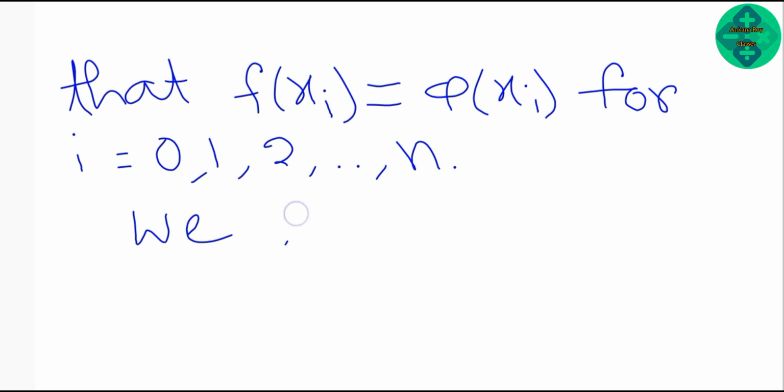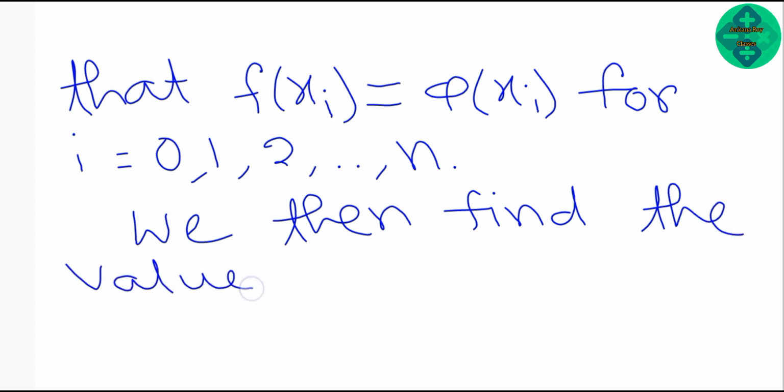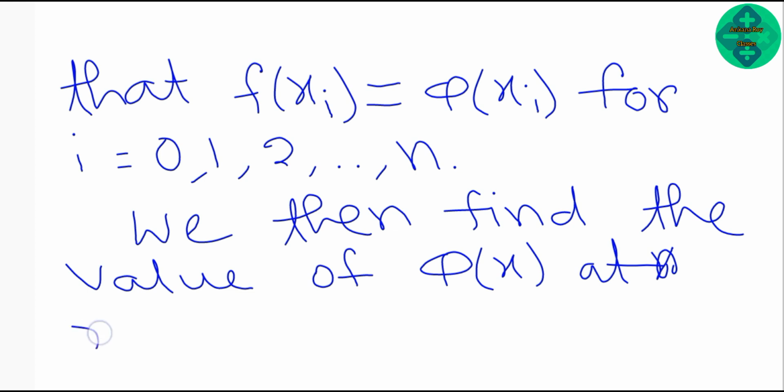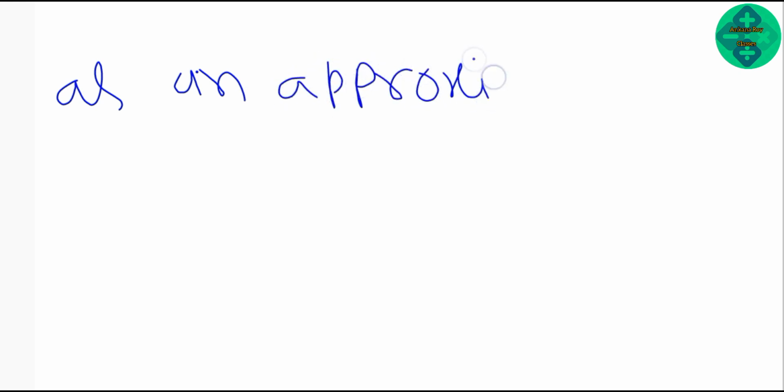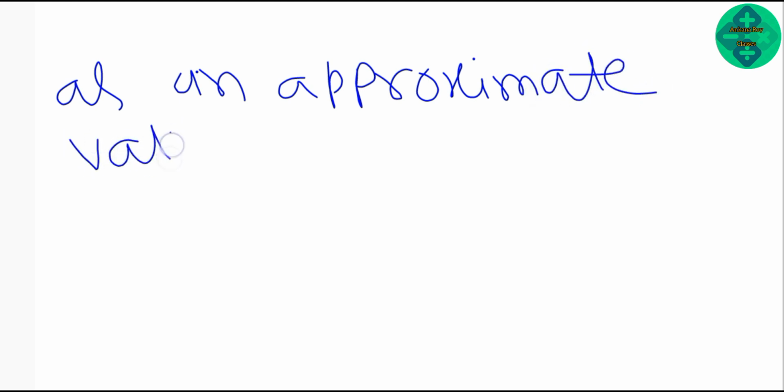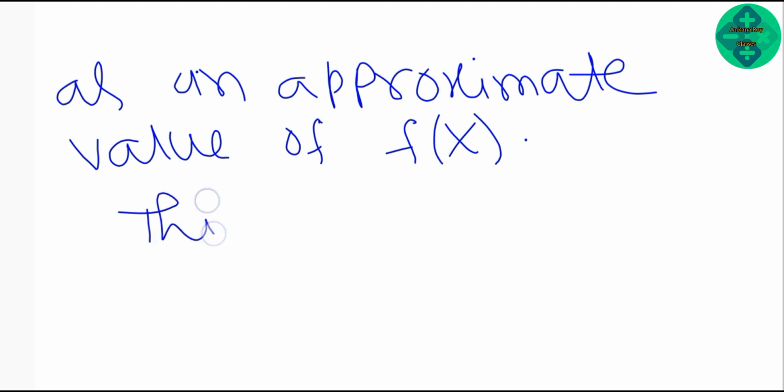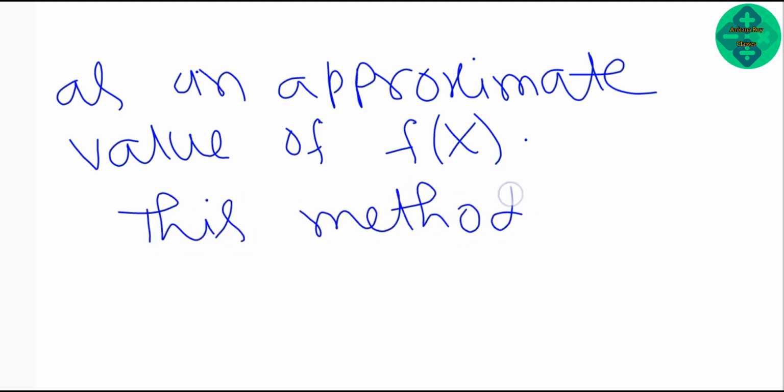That is, we find the value of phi(x) at small x equal to capital X, and this is taken as an approximate value of f(capital X). This method is called interpolation.